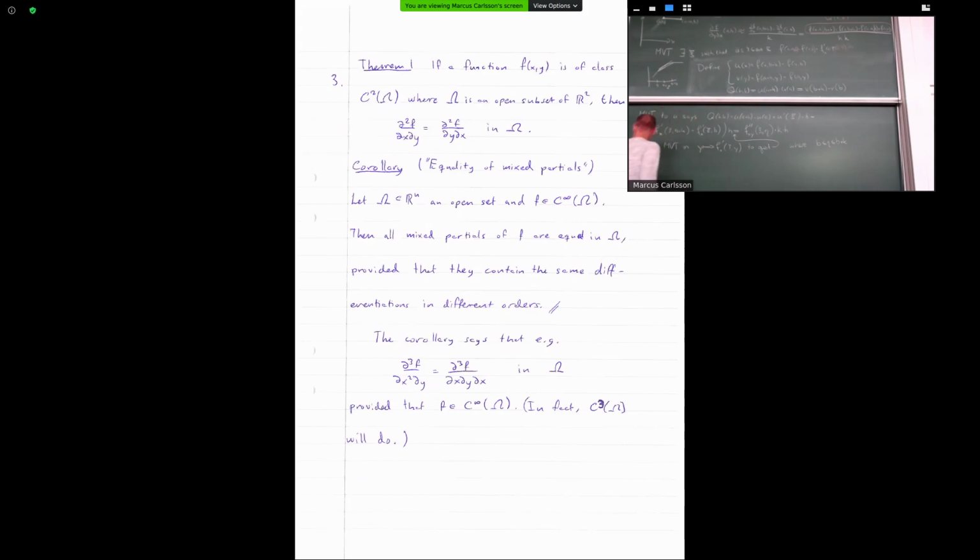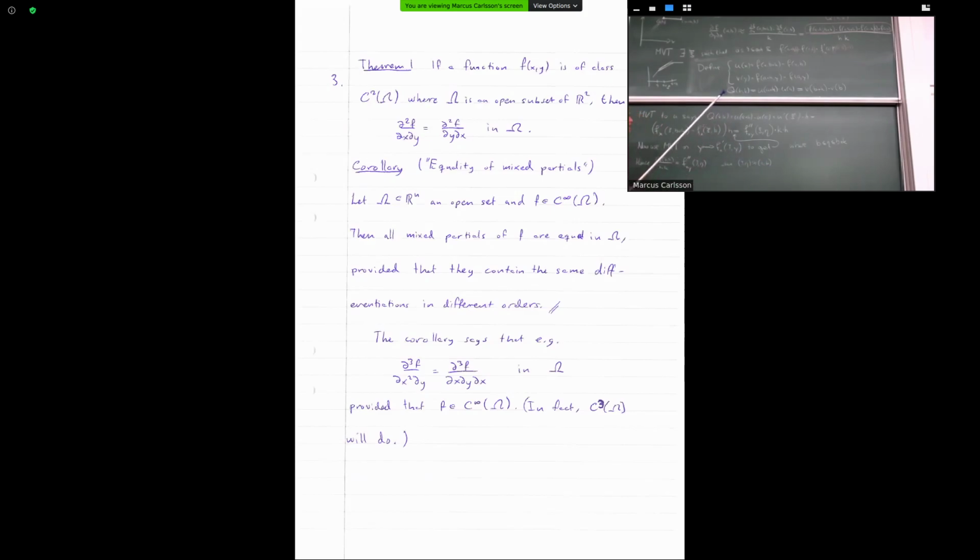So if we take this expression q of h and k and divide it with h times k, is equal to, well, this number here times k times h, but since I divide that out, I just get the mixed partial at some point psi eta, where psi is near A and eta is near B.